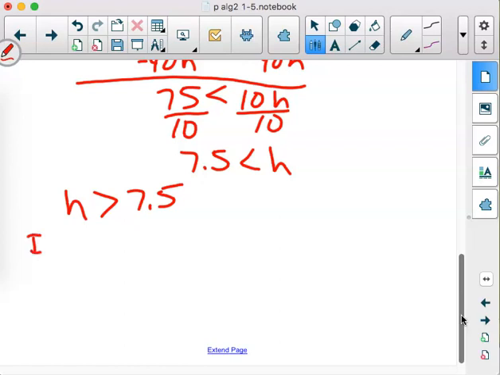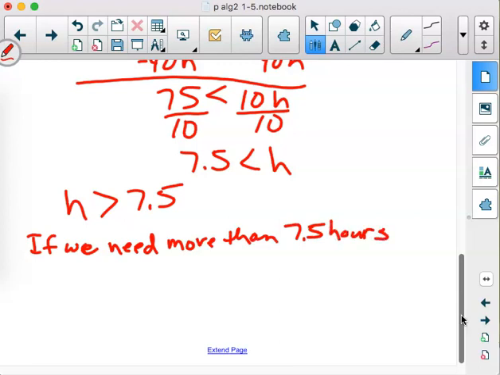So if we need more than 7.5 hours of work, that would be what we would want to do.